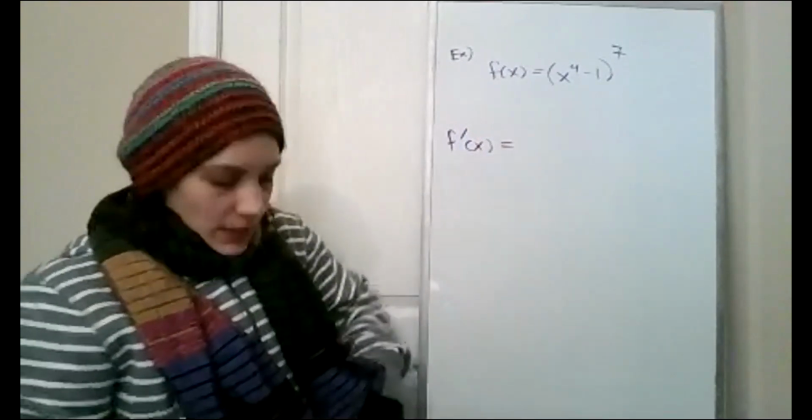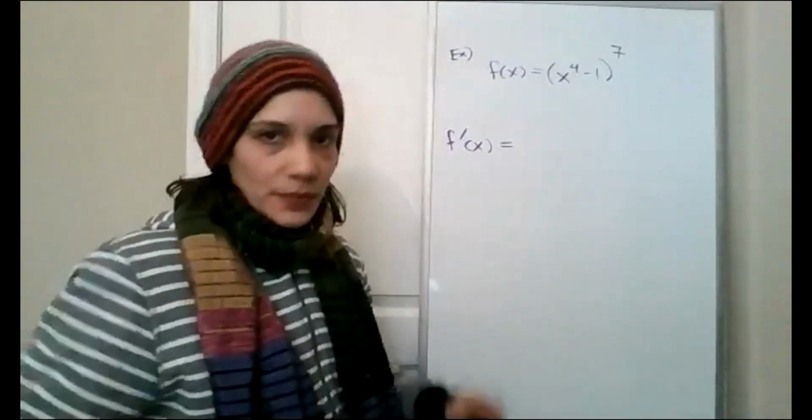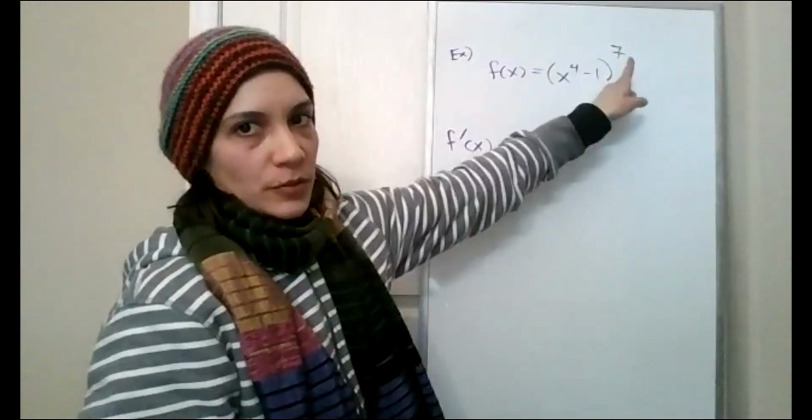We have a power rule and chain rule. So 7, leave the inner function alone, remove 1 from the power.